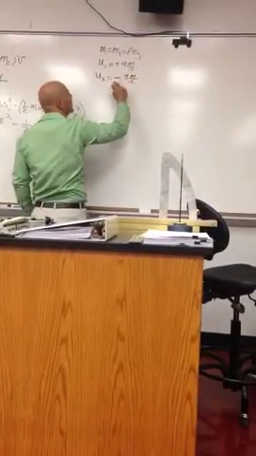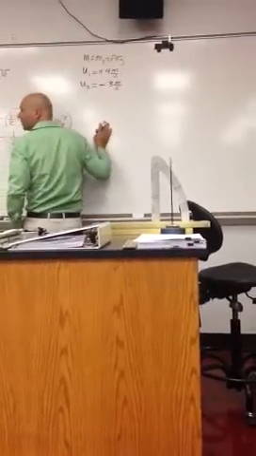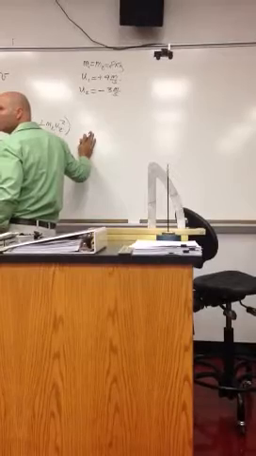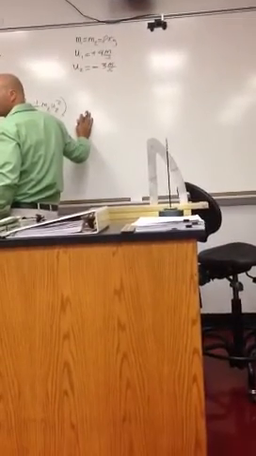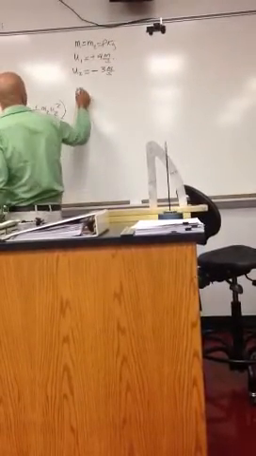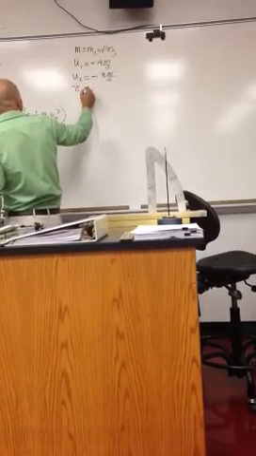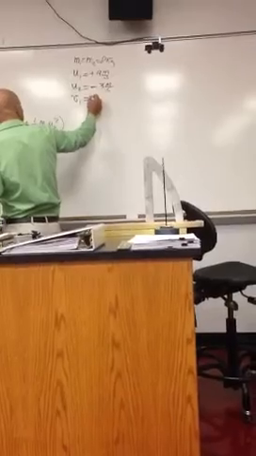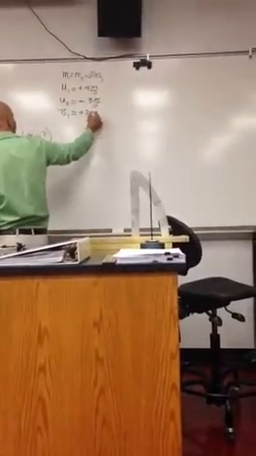That's it? They don't give anything else? Or they give the velocity of the first object after the collision. How much is v1? 2 meters per second, positive or negative? Positive 2 meters per second.